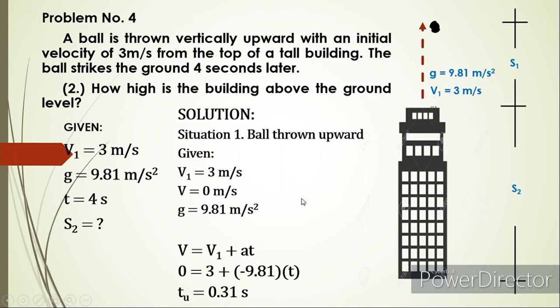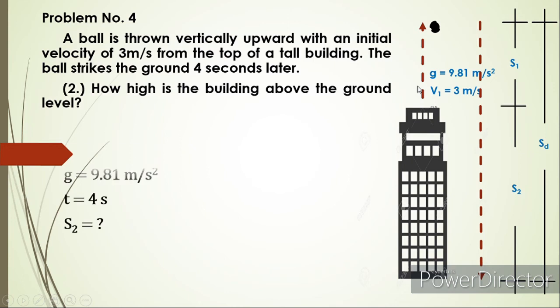So using formula number 1, V is equal to V1 plus aT, 0 is equal to 3 plus 9.81 times T. T upward pa lang, itong arrow na to, T upward is equal to 0.31 seconds.